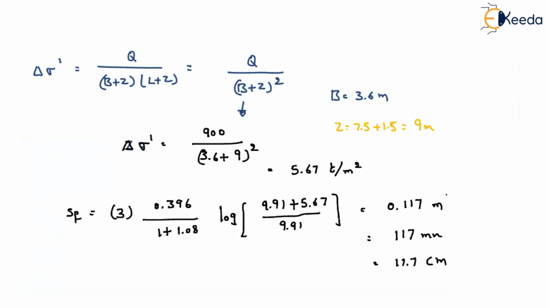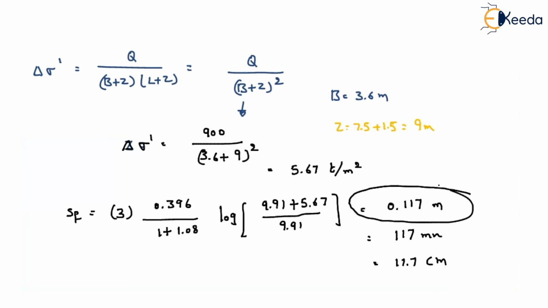Most of the time, all the students will get this answer, but you will be in a hurry to go to the next question without seeing what they are asking. You will enter 0.117, but 0.117 is only true if they ask you to enter the answer in terms of meter.